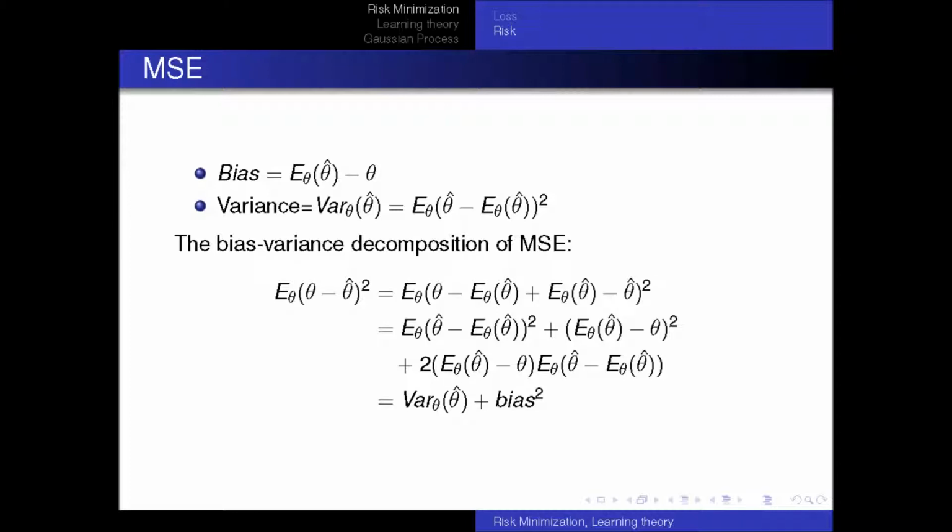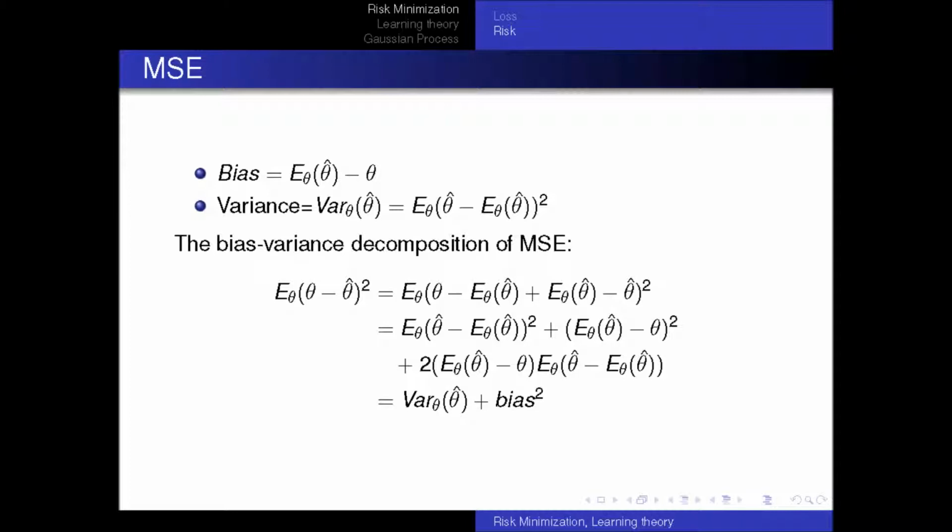So if you want to compute the variance of s squared, you just need to compute the variance of sigma squared times chi n minus 1 squared divided by n minus 1. You can take the constant out, and it's going to be squared.